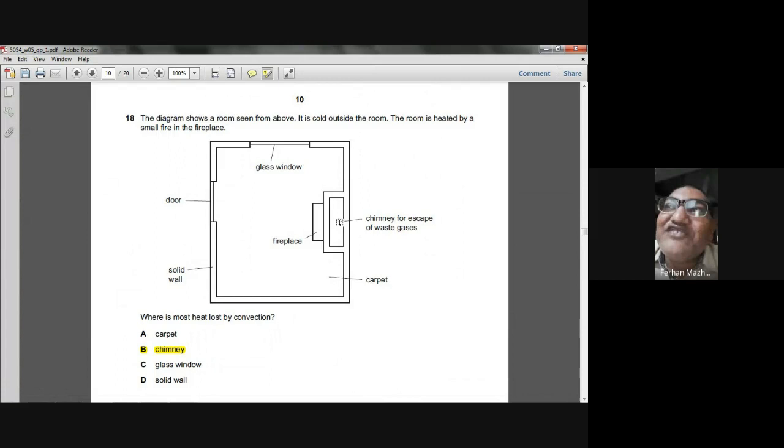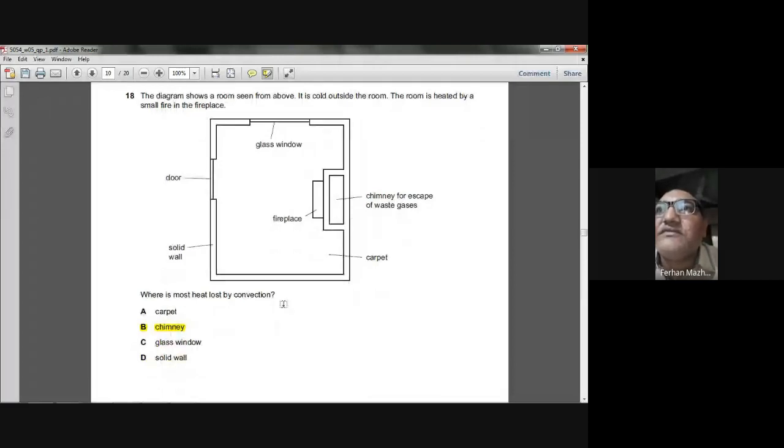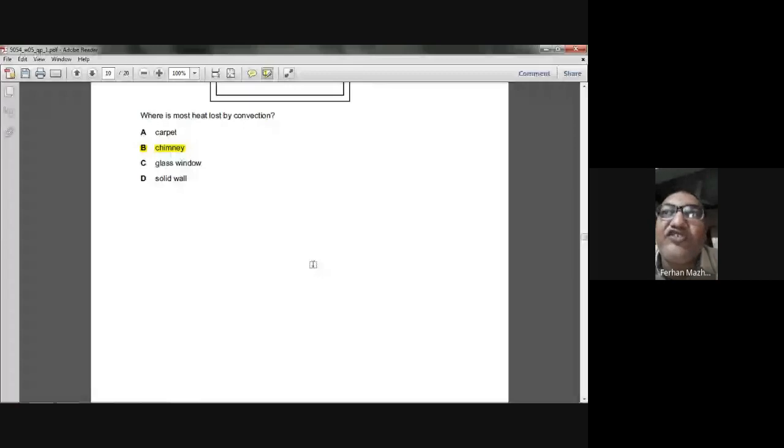The chimney is connected with the outside world and is also connected with the inside. So the heat will be lost mostly through this. Is this clear? By convection, the heat will be lost.